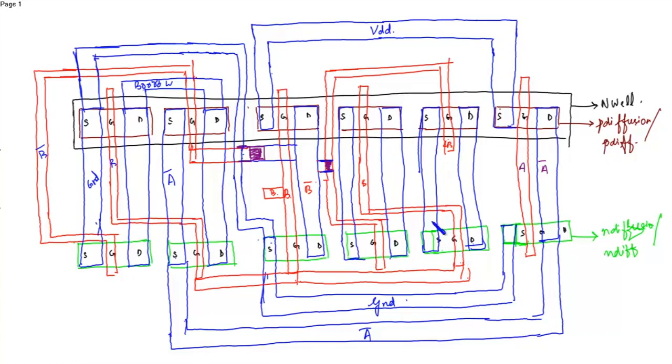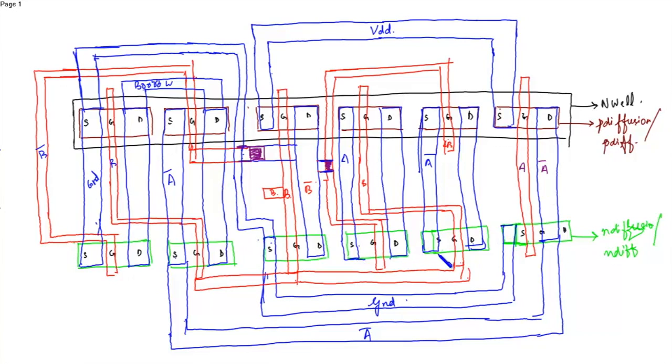Next you have to connect the sources and drains. This is A and this is A bar. So A, if this is A, then it has to be connected with this poly, and this is A bar, means this has to be connected to this metal.